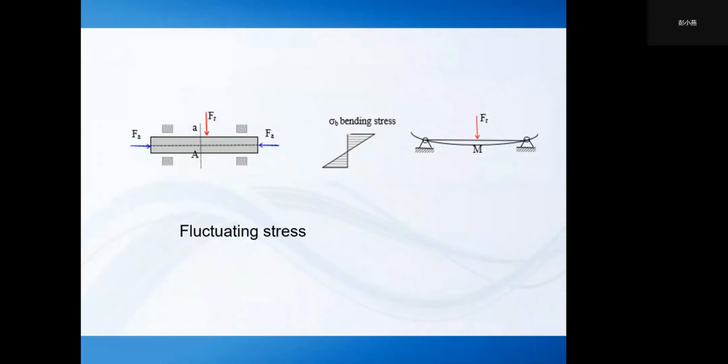So when an axial load FA is applied to the rotating shaft loaded in bending FR, the shaft experiences a fluctuating stress.